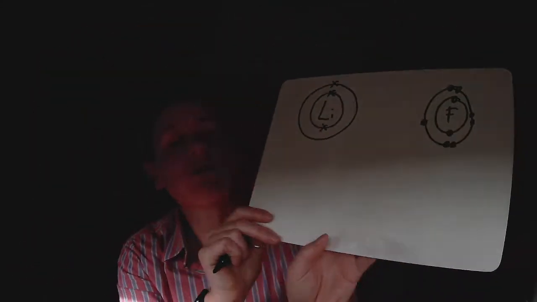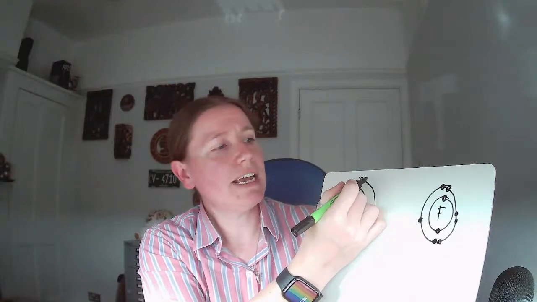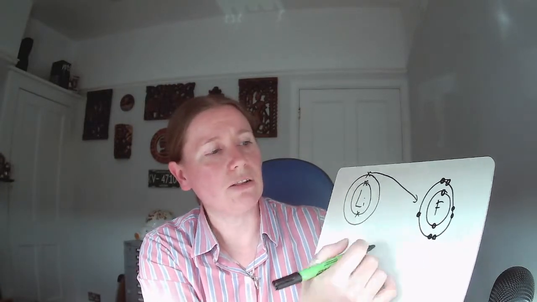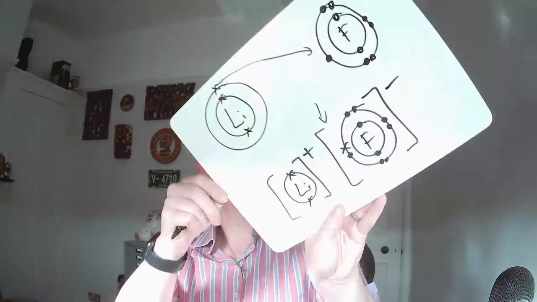What's going to happen to form an ion is this electron is going to be transferred from the metal to the non-metal. So we form a lithium ion, and because it's lost 1 electron, it has a single positive charge, and we get a fluoride ion which has gained 1 electron, therefore it has a single negative charge.